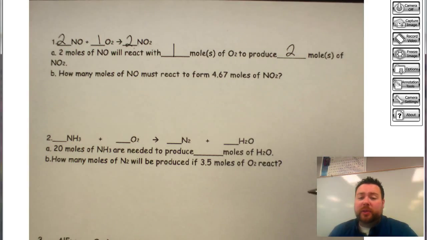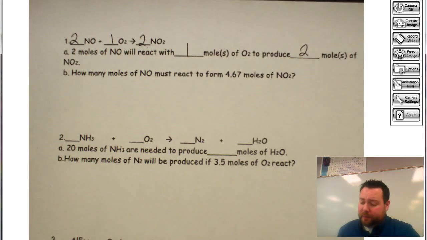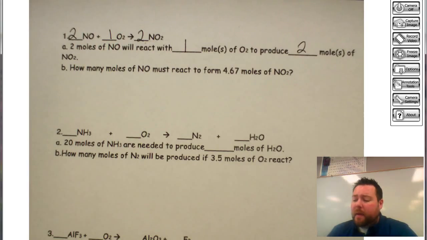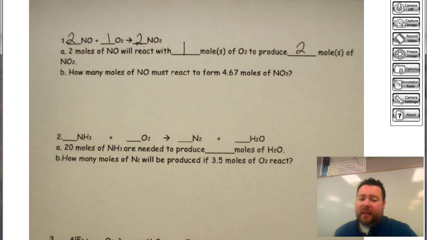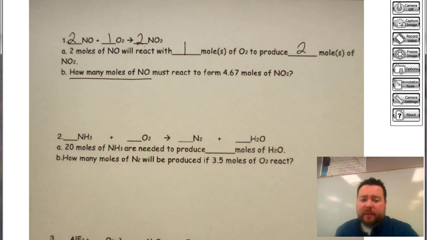Part B looks much more similar to some of the types of problems that we've been doing over the last few weeks. I'm going to ask you the same question that I always ask, which is, what are we trying to find, and what have we been given? Looking at the problem, how many moles of nitrogen monoxide must react to form 4.67 moles of nitrogen dioxide? What we're trying to find is how many moles of nitrogen monoxide.